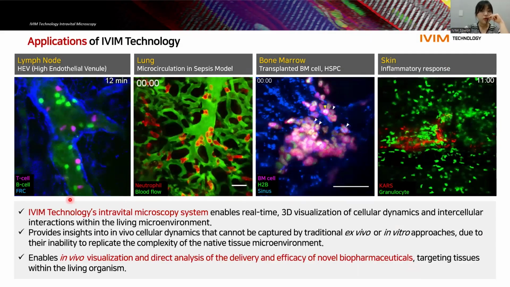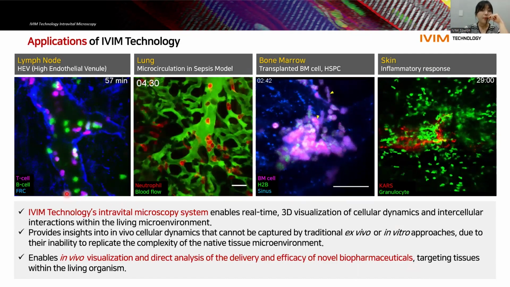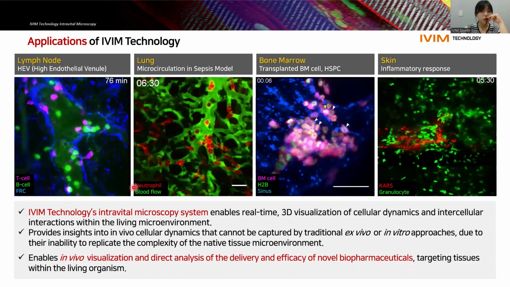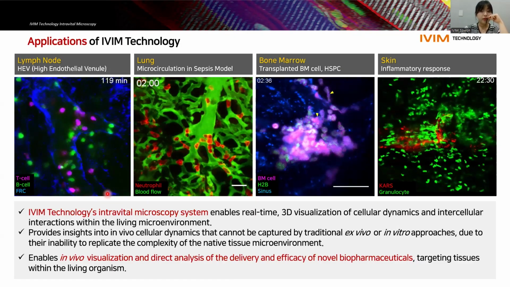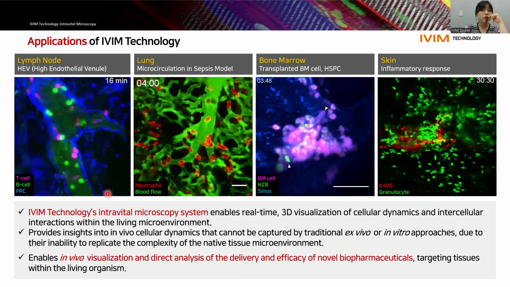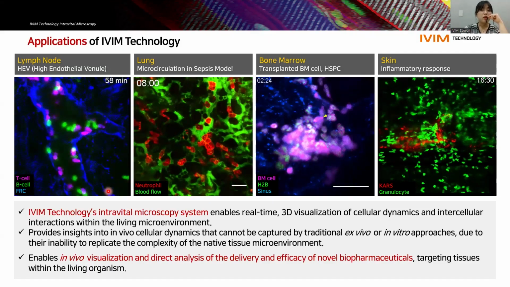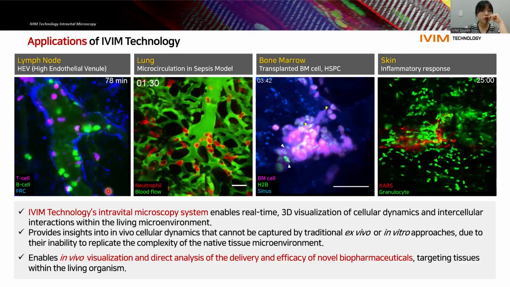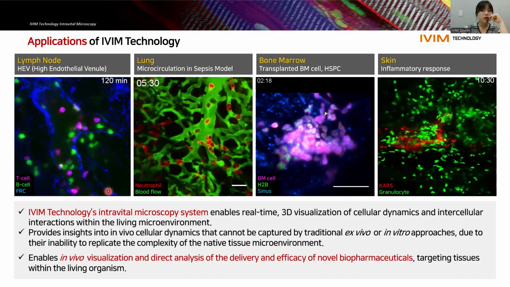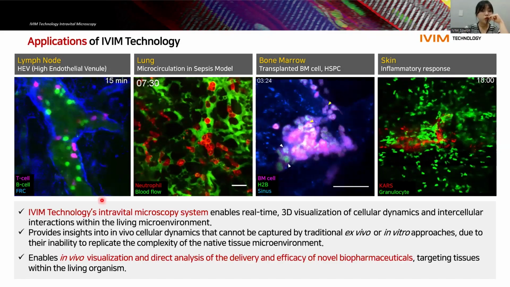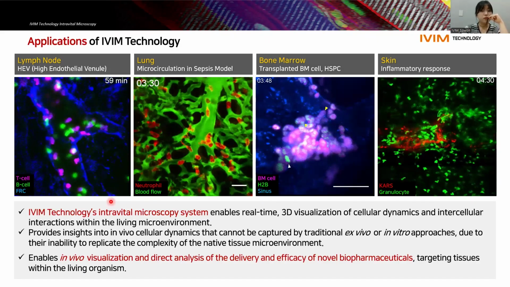Using our system, we tracked how T cells and B cells migrated into the lymph node through the HEVs. We also visualized fibroblastic reticular cells, also known as FRCs, to understand the internal lymph node architecture and how these cells guide immune cell movement. This was captured over a continuous 120-minute observation period.